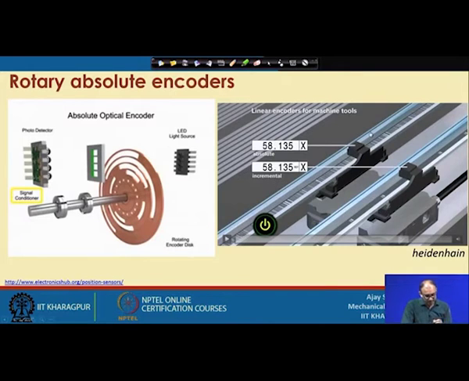We have taken the example of the linear encoder, but it is the same for the rotary encoder also. When you are using an incremental encoder, you have to go to the reference position first to get the exact position. But in the case of an absolute encoder, whatever the situation, because it creates a unique binary code, you get the position from that. So, there is no issue.